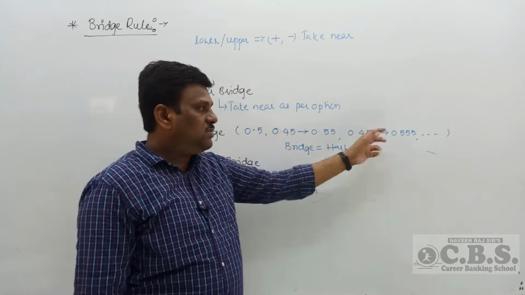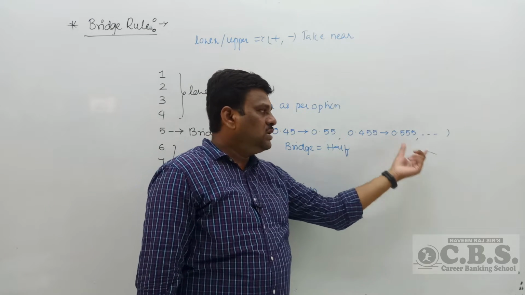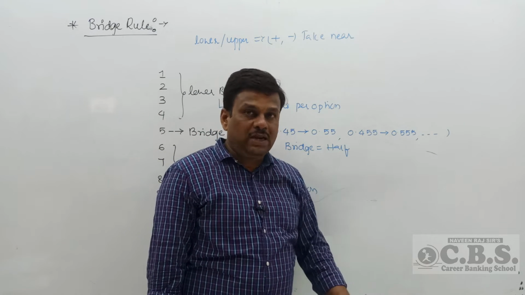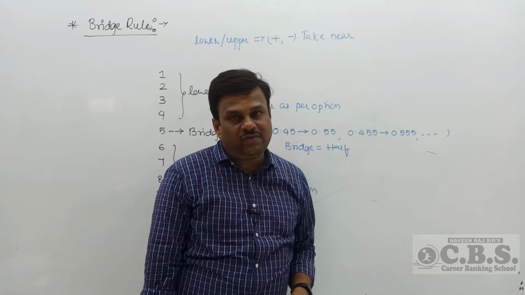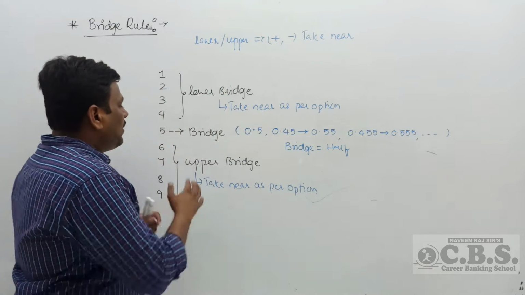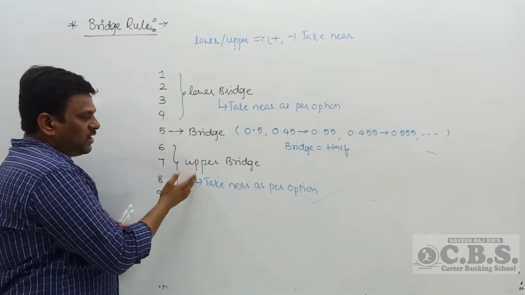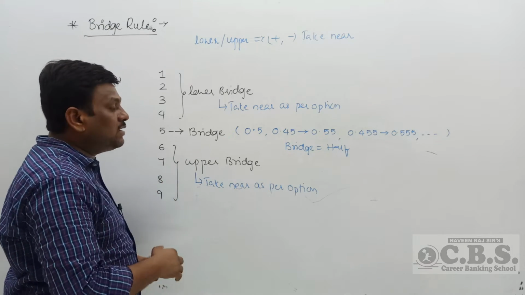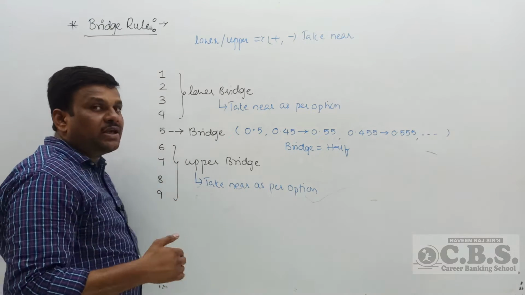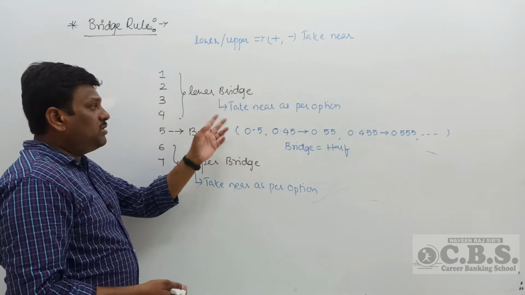When it is three decimals, the bridge is also 0.45 to 0.55. It's also called a middle value, and you have to take the off value. The value below 5 is called the lower bridge and above 5 is called the upper bridge. When it is an upper bridge, take the next value. When it is a lower bridge, take the previous value.